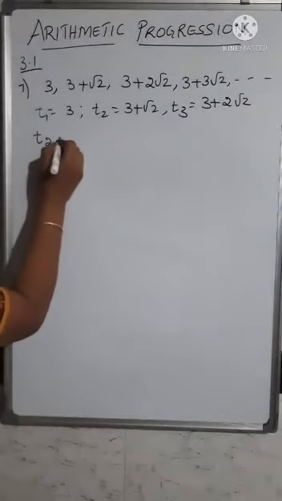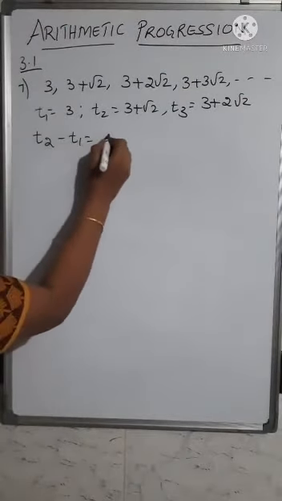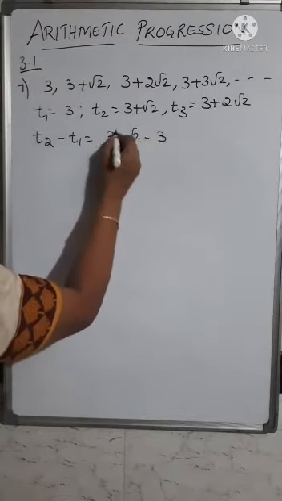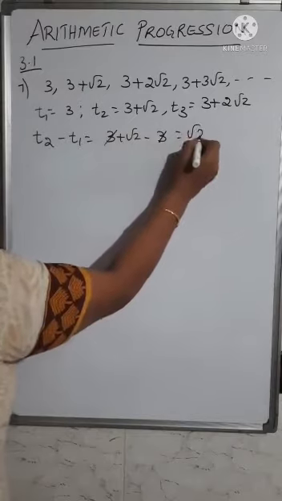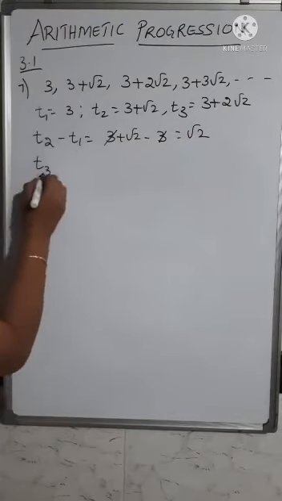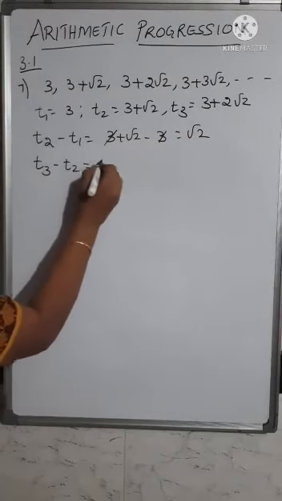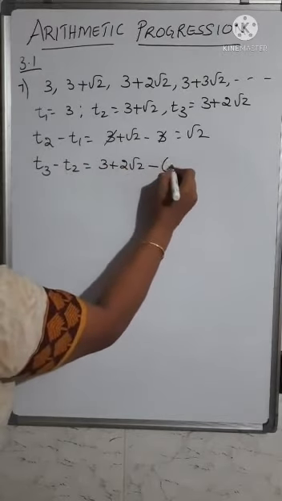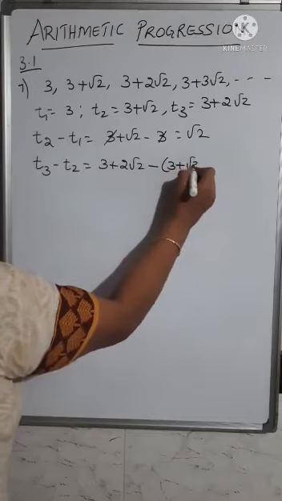First we will find T2 minus T1, which is 3 plus root 2 minus 3. This gets cancelled, and you get root 2. Then we find T3 minus T2, which is 3 plus 2 root 2 minus, in the bracket, 3 plus root 2.